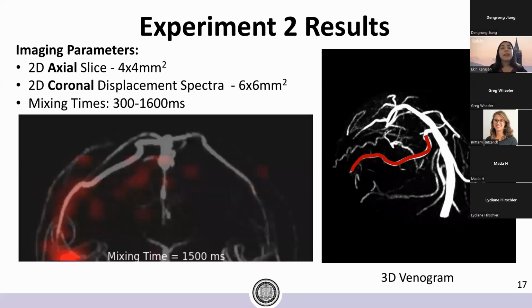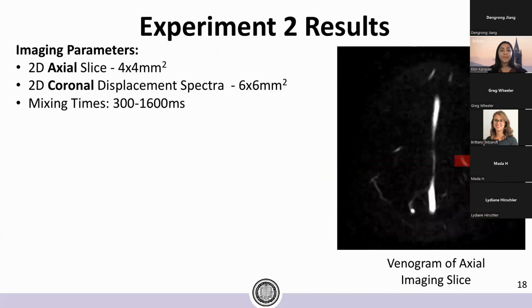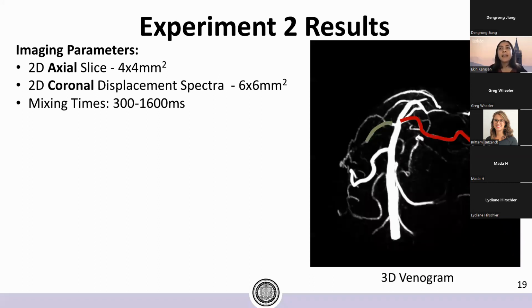Then we can overlay the displacement spectra of this ROI on the coronal projection of the corresponding section across multiple mixing times to obtain the following. We then select 2 new ROIs from our imaging slice, and we expect that the blood will drain into these ROIs from the 2 veins shown in the corresponding colors.